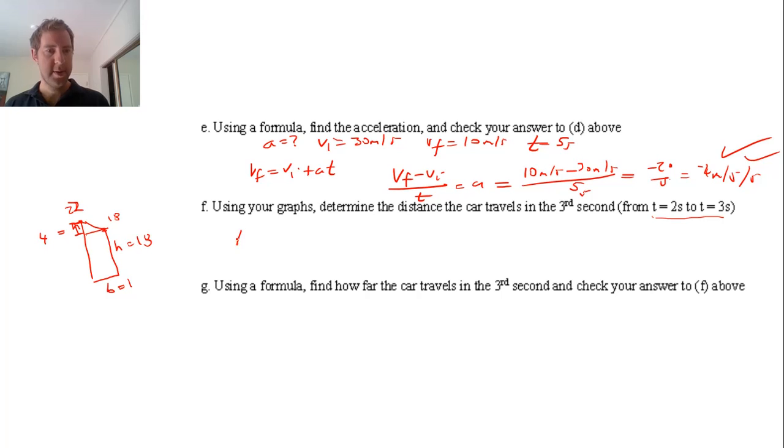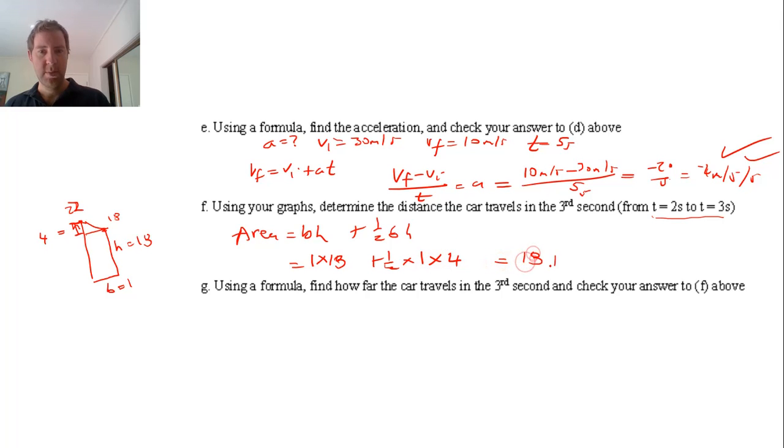So my area under the graph is base times height plus half base times height, which is 1 times 18 plus half times base is 1 times height is 4. So that's 18 plus 2 is 20 meters.